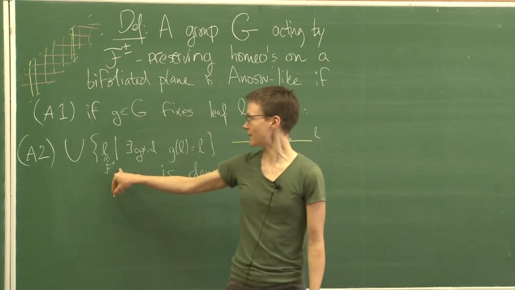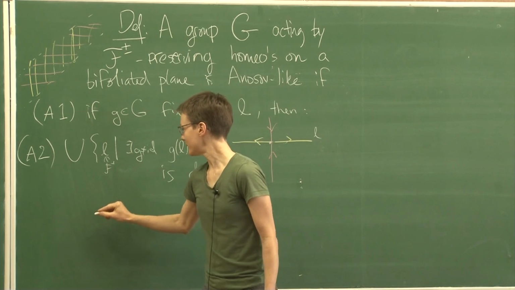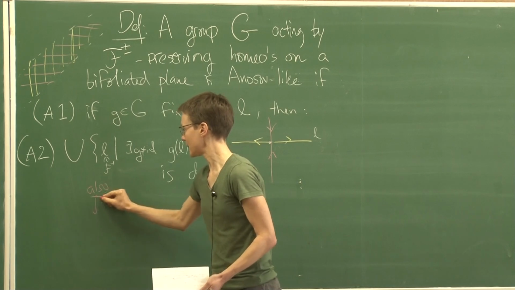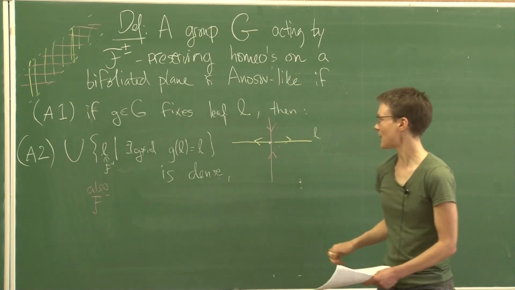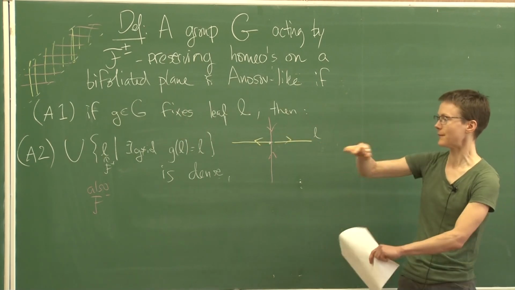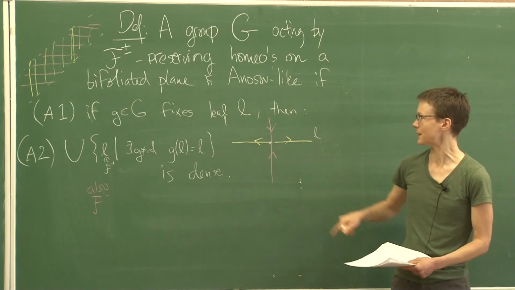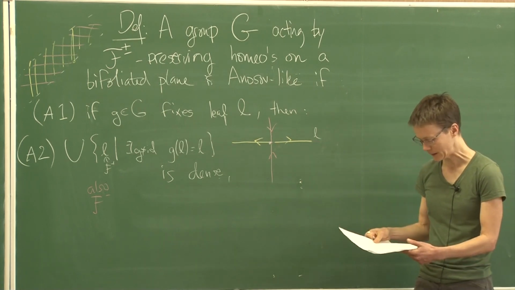And same for the other foliation. Okay, so this says I get this kind of behavior happening everywhere in the plane. Not that I'll see fixed points everywhere necessarily, but fixed leaves.